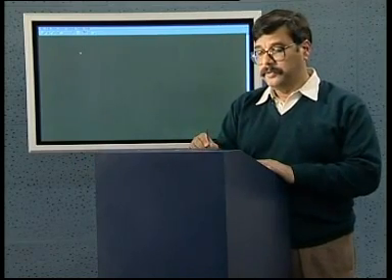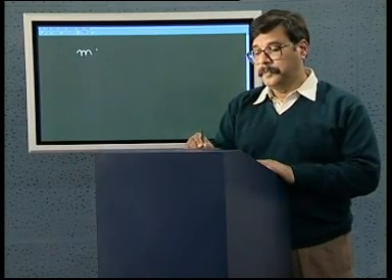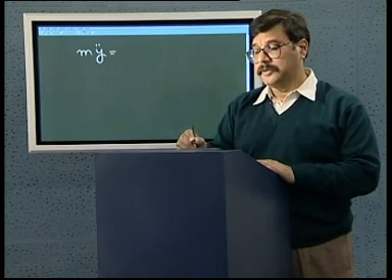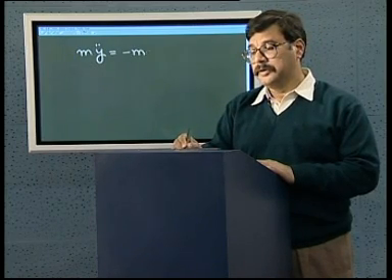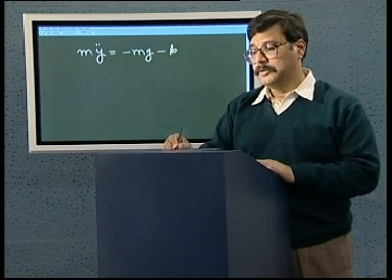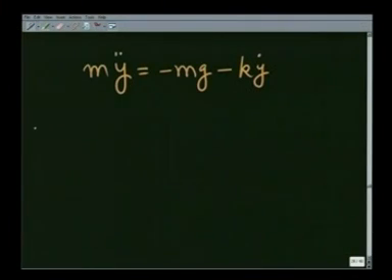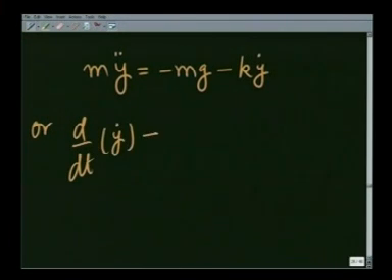I have m y double dot is equal to minus mg minus k y dot, or d over dt of y dot plus k over m y dot is equal to minus g.